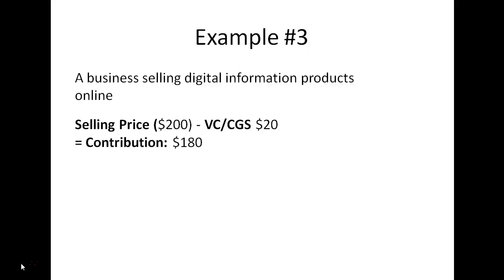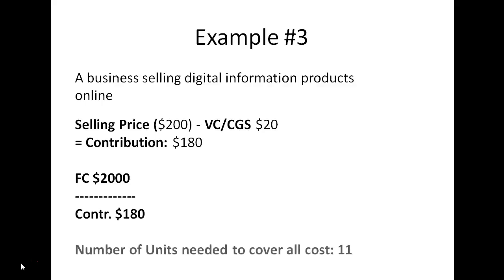The contribution, of course, will be selling price minus the variable cost of $20, and that will give us a contribution of $180. Now, to calculate the number of units we need to sell, if we were selling each product for $200, that would be fixed cost of $2,000 divided by contribution of $180, and that means we need to sell only 11 products for us to cover all the costs.